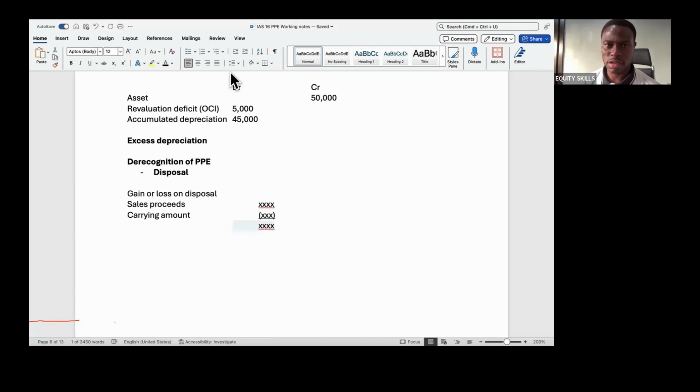No, that's not why. The one I've only taught you that goes to OCI in this class is revaluation surplus. And that's not the reason why items go to OCI. It's basically because it's an unrealized income. That's for the revaluation surplus. It's not a real gain. It's just a book gain. So it's not a gain we are proud of.